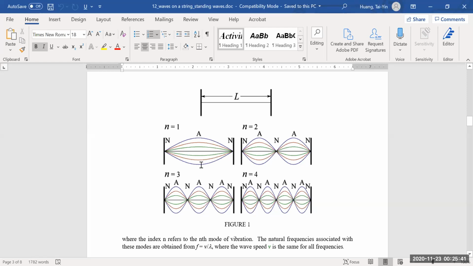In addition, the amplitude of the standing wave will be a maximum. So when you do the experiment, there might be frequencies that give rise to oscillation, but you want to find the right frequency that produces the maximum oscillation. Okay, so this is what we call the standing waves.